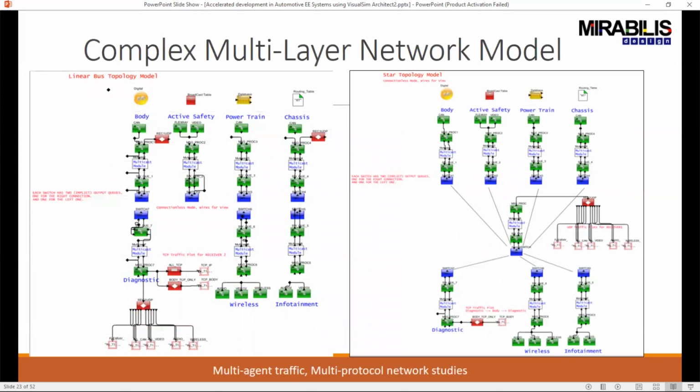Now we look at a complex multi-layer network model. We could see that we have a linear bus topology versus a star topology model on the right. It is very easy to connect them up by just updating the settings in the routing table, so we can easily evaluate various topologies.